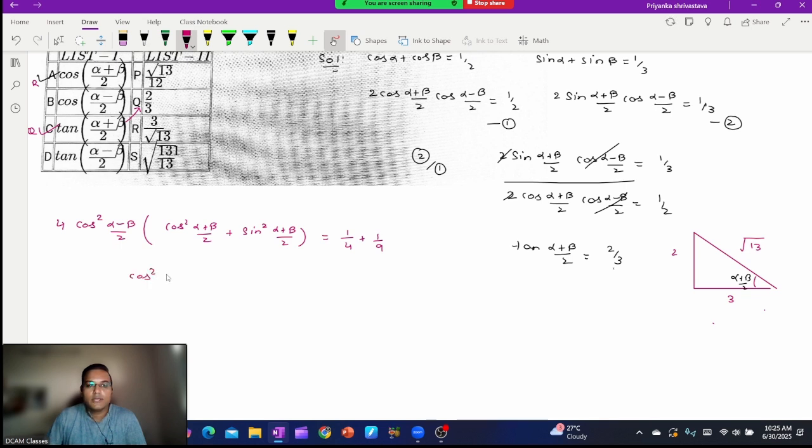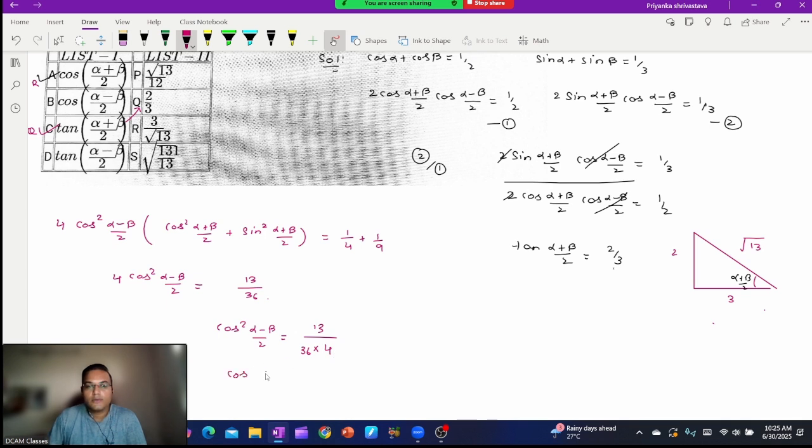So cos square (alpha minus beta) by 2 is equal to 13 by 36 into 4.